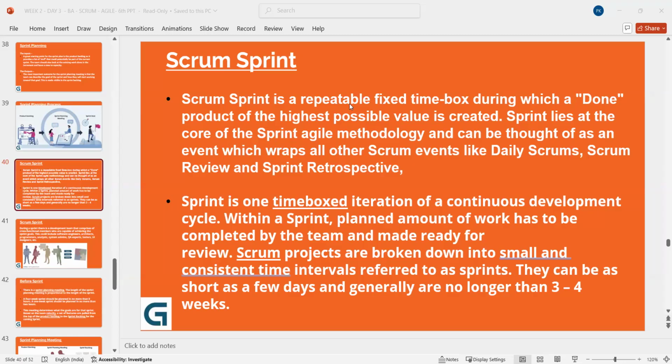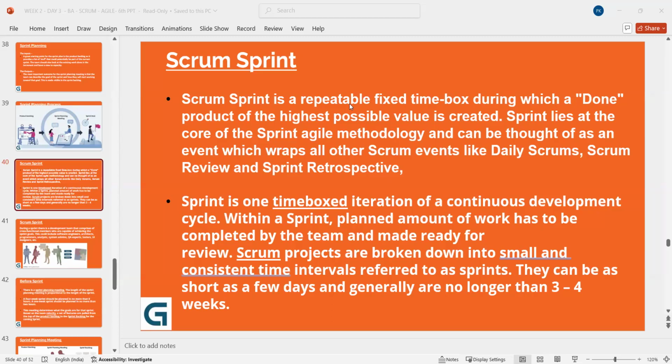Perfect. So now what we say, sprint lies at the core of the agile methodology. Absolutely, because it is the main functionality, how we operate, and it can be thought of as an event. So it's basically an event which has all the other events.